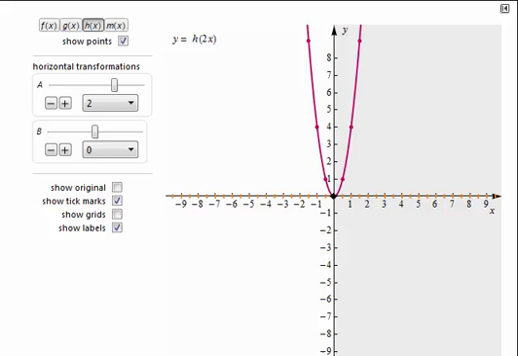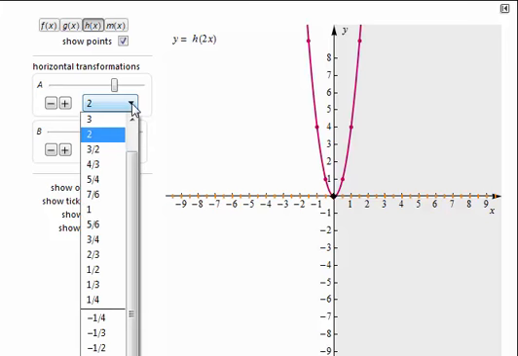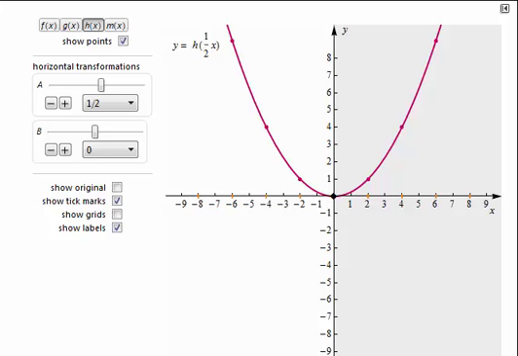It narrows, a horizontal shrink. If we change a to 1/2, we see that the graph gets wider, or a horizontal expansion.